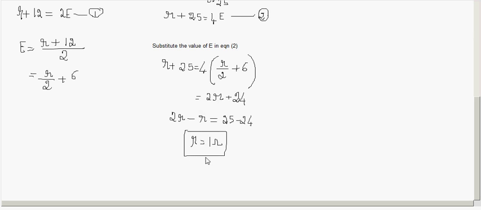Substitute this value of R in the equation for E, so we get the value of EMF.